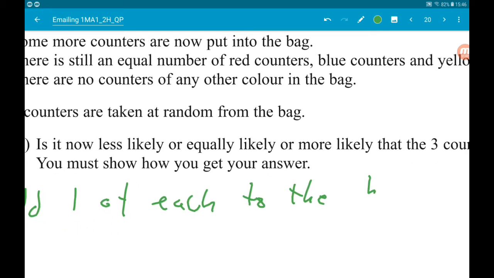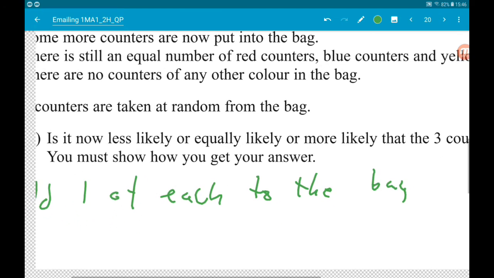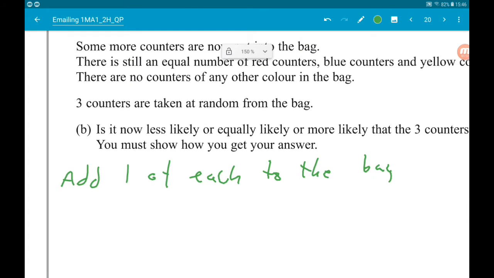So, there are now 5 red and 15 counters overall.